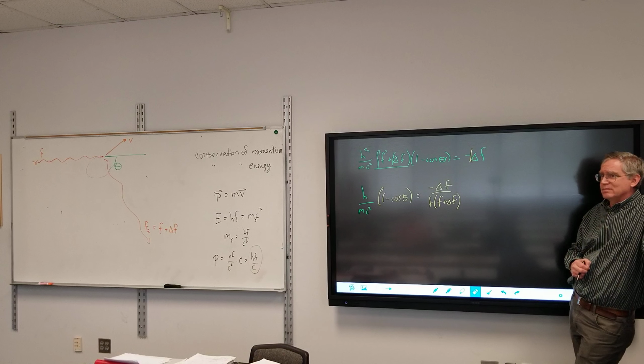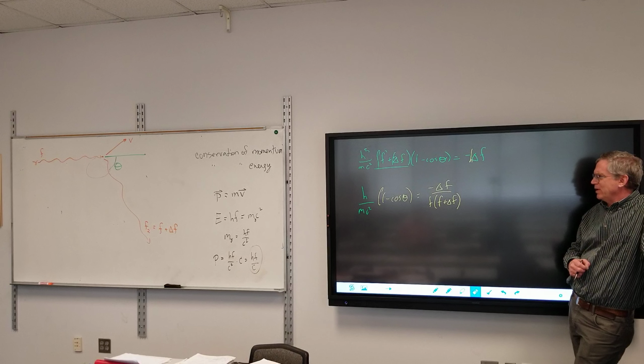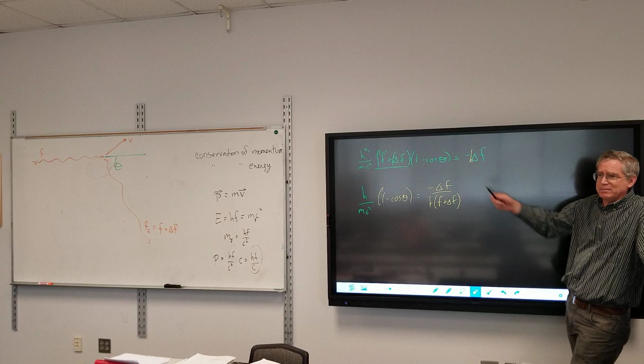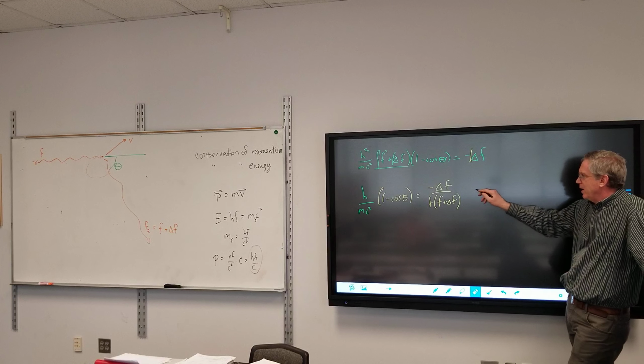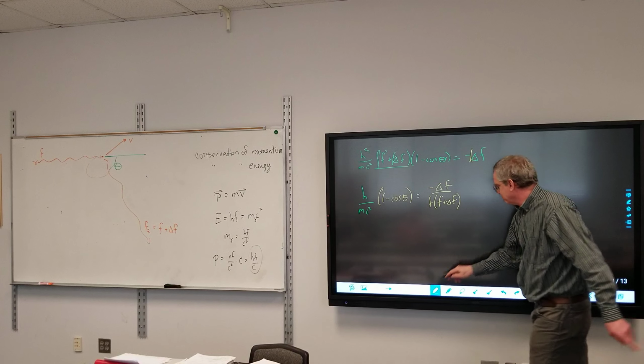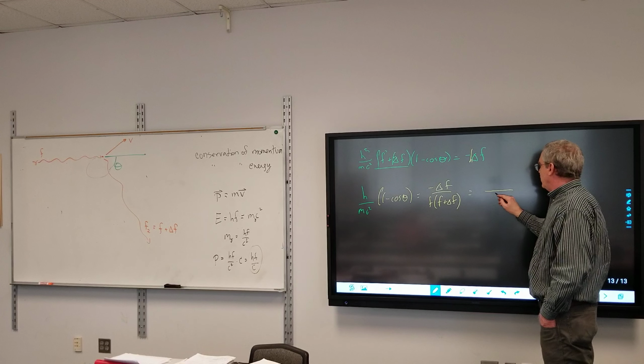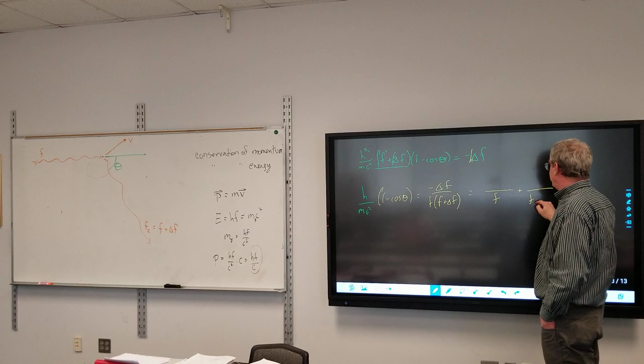Could you just multiply both sides? Yeah, that's not really going to help us any. Then we just end up back here again. Oh. I'm going to break it up into a fraction of something over f plus something over f plus delta f.